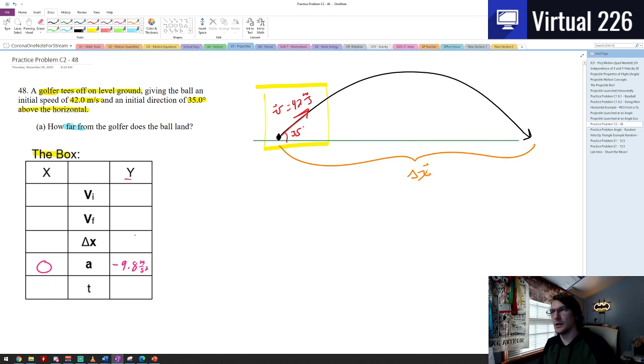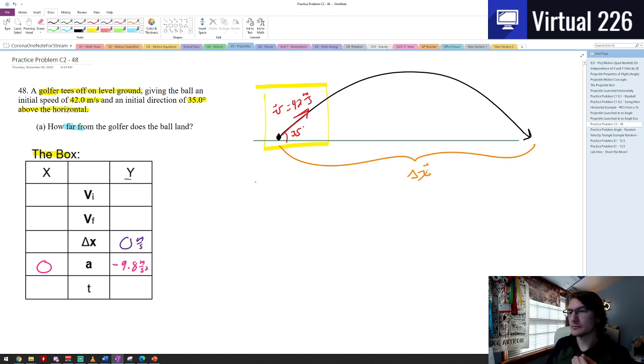It went up and then came back down. Has it gone anywhere? No. So in the y direction, our displacement is 0 meters. That's what we can say right off the bat for a problem like this, which is kind of cool. So how could we go ahead and solve this?